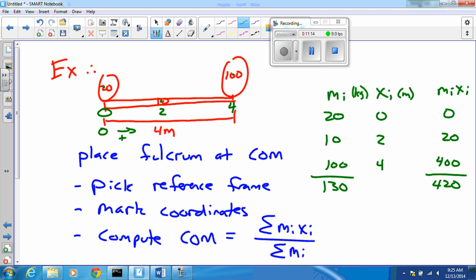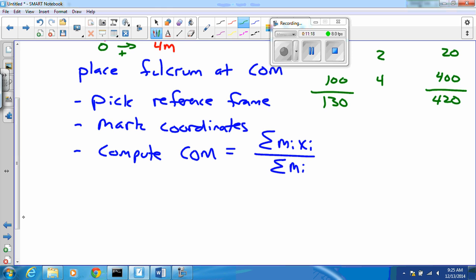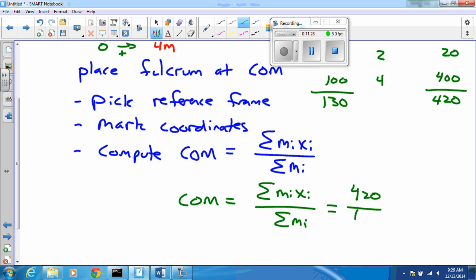We add up the total masses, giving 130. We add up the total mass times position, giving 420. And we're ready for our center of mass. Here's our formula. Center of mass is equal to the sum of mass times position over the sum of mass, which equals 420 over 130. That's kilogram meters over kilograms.